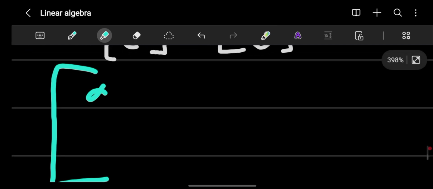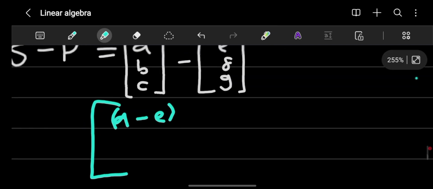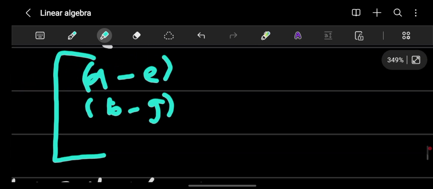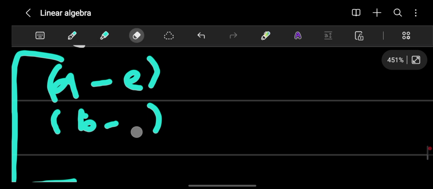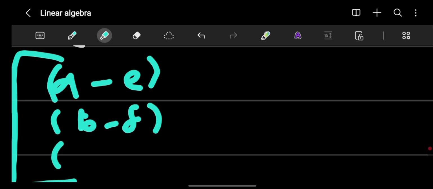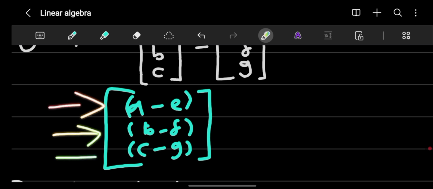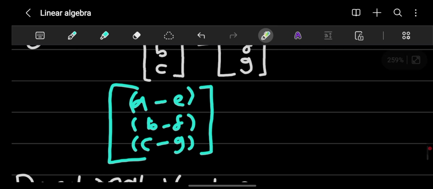So you would have A minus E, B minus F, sorry, and C minus G. And this would be your vector, right? Remember, when you're dealing with a 3D vector, you would have 3 rows and only 1 column, because if you're converting it to this kind of ordered pair form, you might just want to have an ordered pair form, basically.